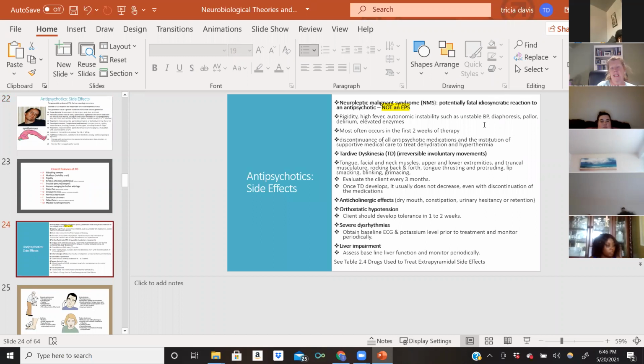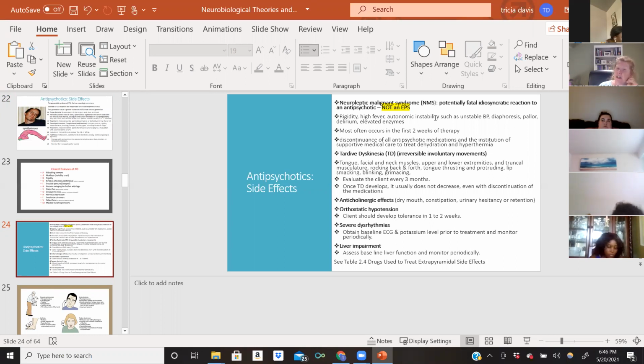So neuroleptic malignant syndrome, or NMS, this can be fatal. It's an idiosyncratic reaction to an antipsychotic. Your patients will present with rigidity. They will have a high fever, autonomic instability, so you could see unstable blood pressure. It could fluctuate, or be at opposite ends of the spectrum, diaphoresis, pallor, delirium, and then you would see some of their enzymes would be elevated.